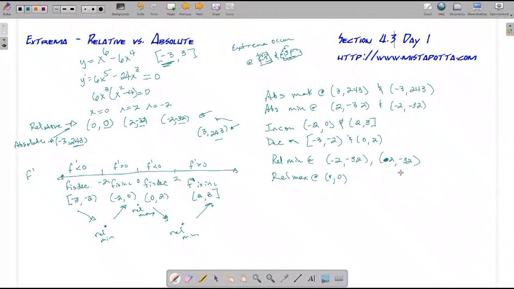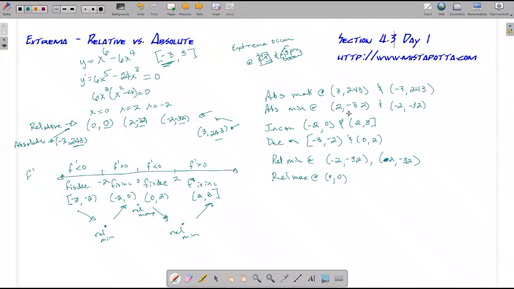Now notice, I was able to find all of that information out just by looking at the nature of the derivative and the restrictions that I put on my domain. With all of this information, I can get a pretty good idea of what my graph is going to look like. I've got absolute maximums at +3 and at -3.